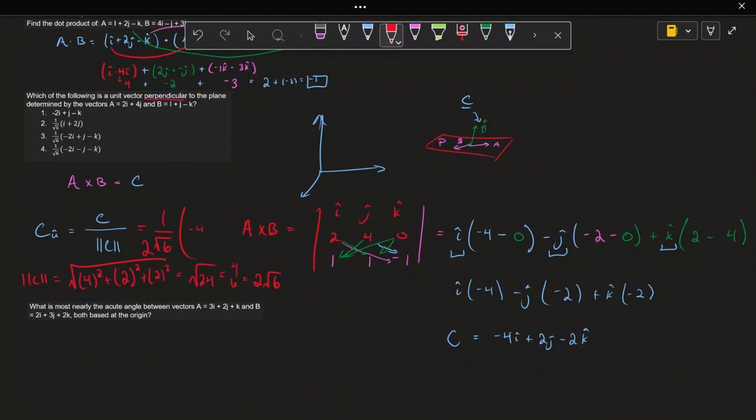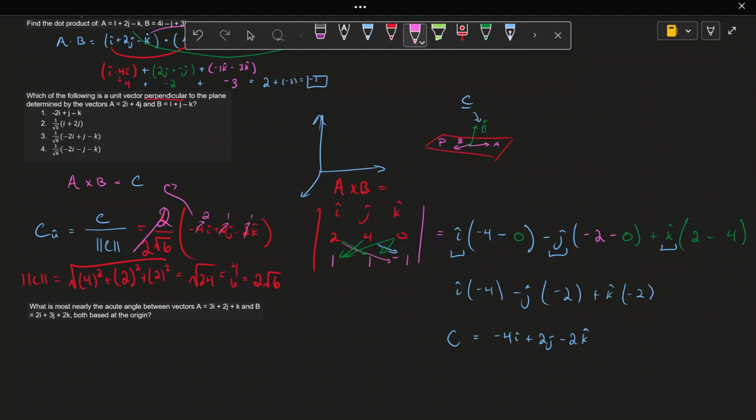minus 4i hat plus 2j hat minus 2k hat. Okay, what we're going to do is come up here now. All of these in the vector, you can take a 2 out, right? So we can replace this with a 2, replace this with a 1, replace this with a 1.